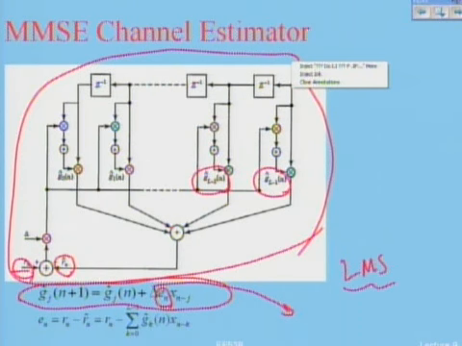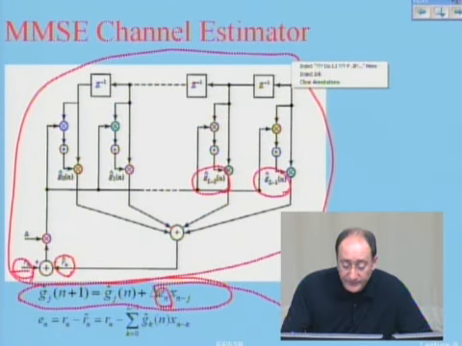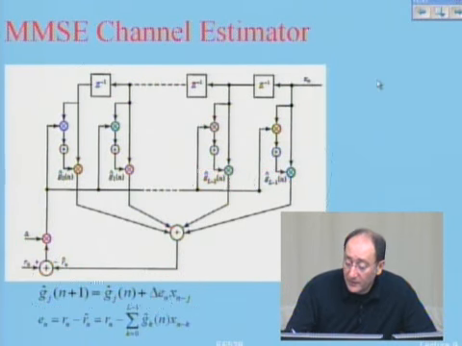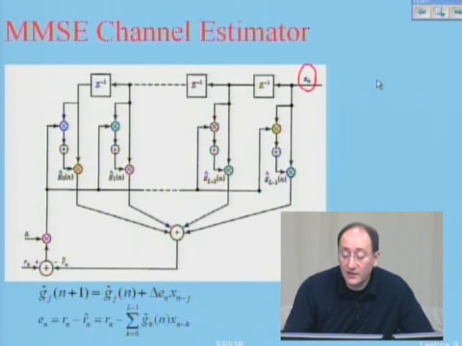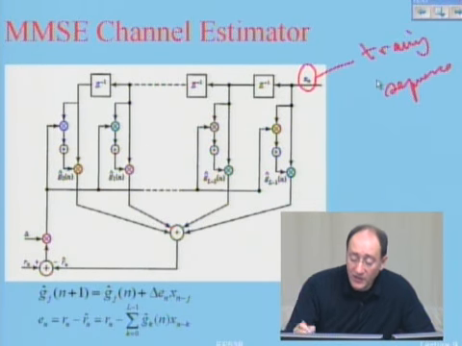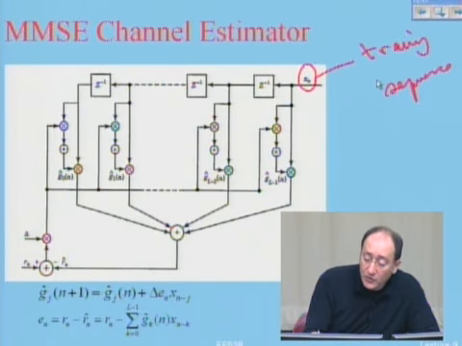So basically, the received signal is coming in, and delta is this number here. The data x of n, the known data or training sequence, comes in here and passes through this.